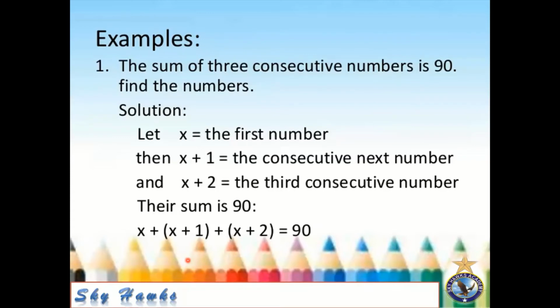What are those numbers? 90. First, second, and third. You will have to solve this equation mentally. Okay, you are doing your paperwork. Anyhow, it's good to see. So, what is the answer?